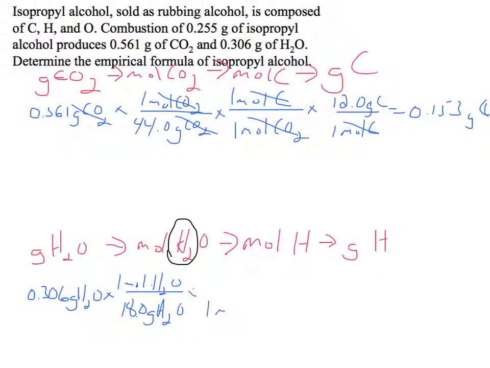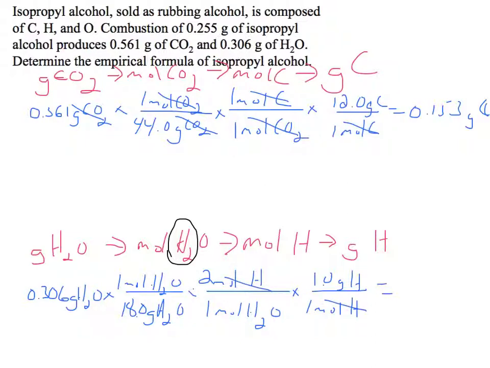In 1 mole of H2O, and this is where you always have to pay attention, you have 2 moles of hydrogen. Then for every mole of hydrogen atoms, there is 1.0 grams of hydrogen. Our moles cancel, moles of water cancel, grams of water cancel, and what we're left with is 0.0343 grams of hydrogen.